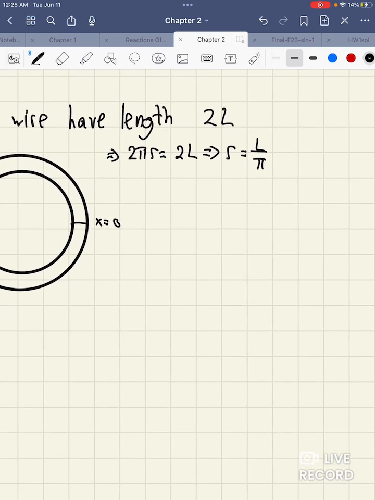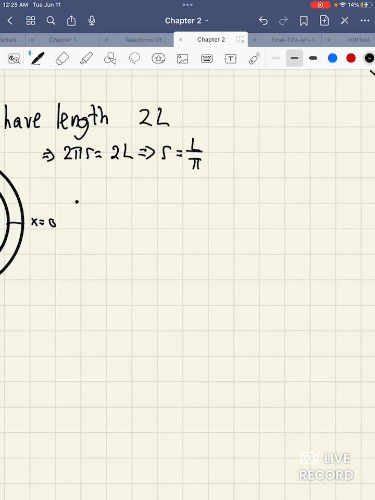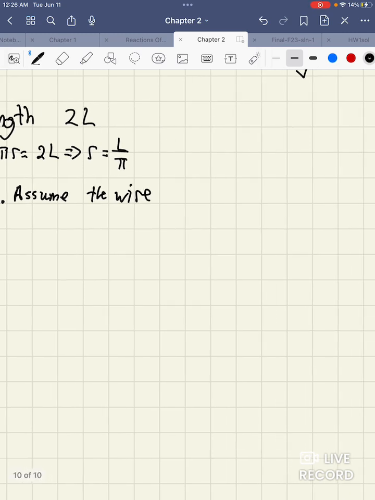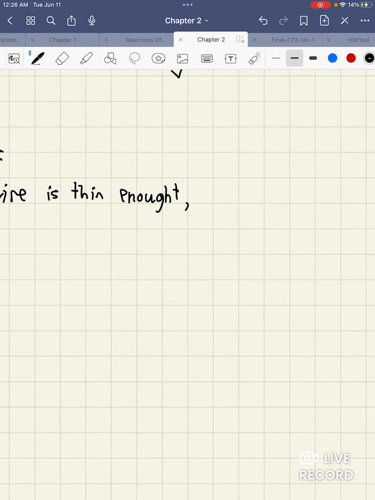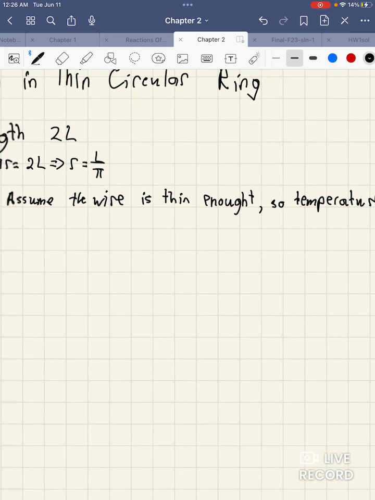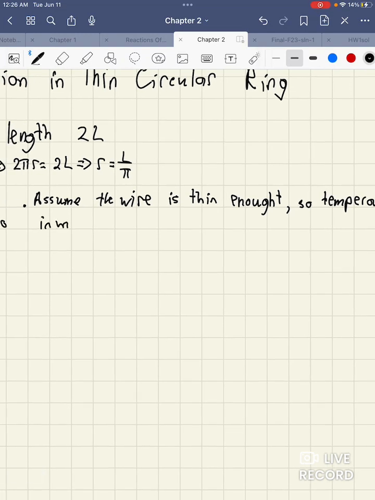Now we assume that the wire is thin enough so the temperature in the wire is constant along the cross section of the band.